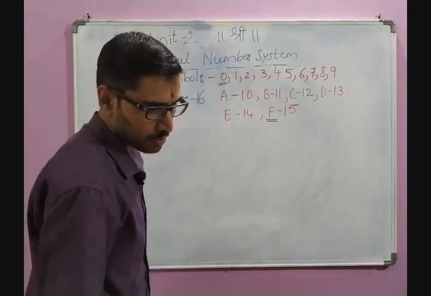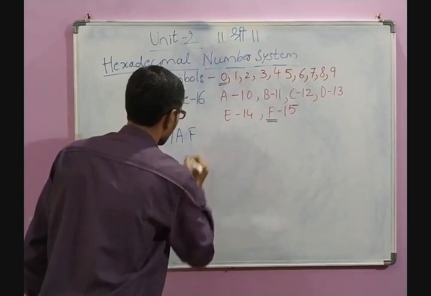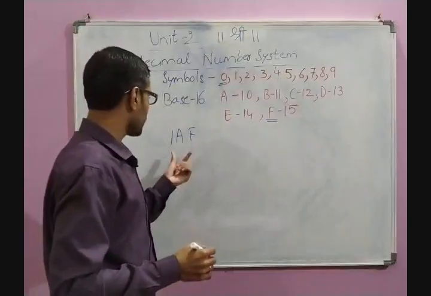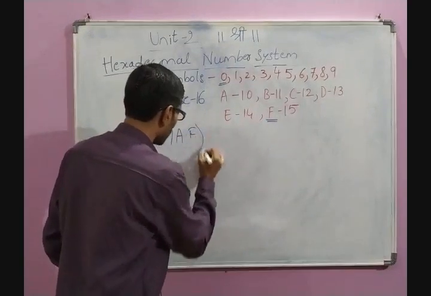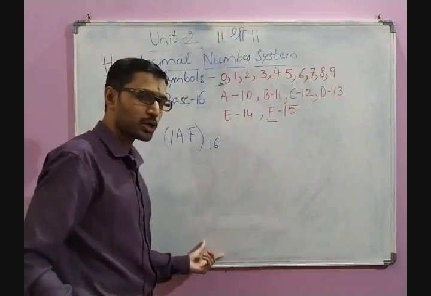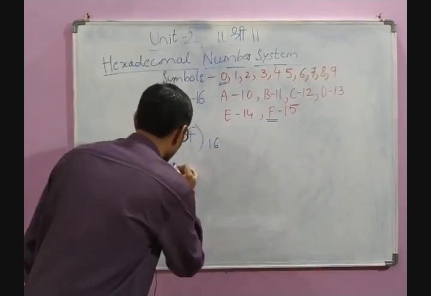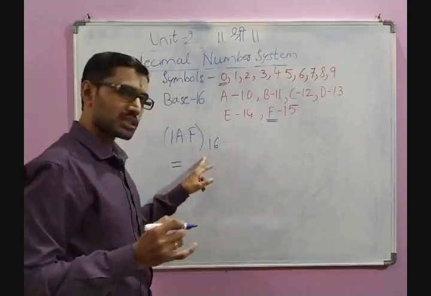So let us take this simple example, 1AF. If I want to convert this example to the base 10, or convert it into the decimal number system, what do I need to do? I need to consider each digit separately.